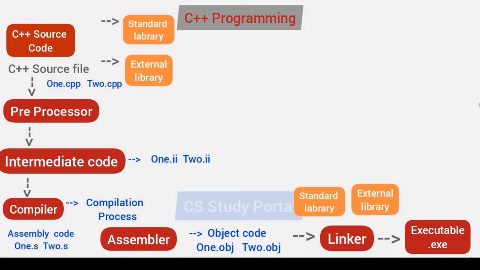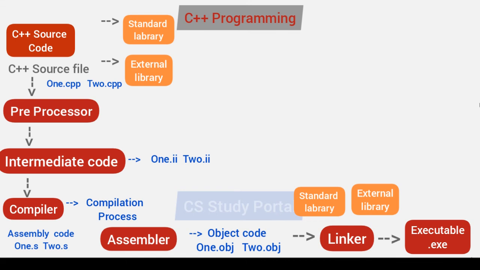If it is a static library, then the executable file will contain the static library. If it is a dynamic library, then the executable file generated by the linker will actually contain the links to those dynamic libraries.